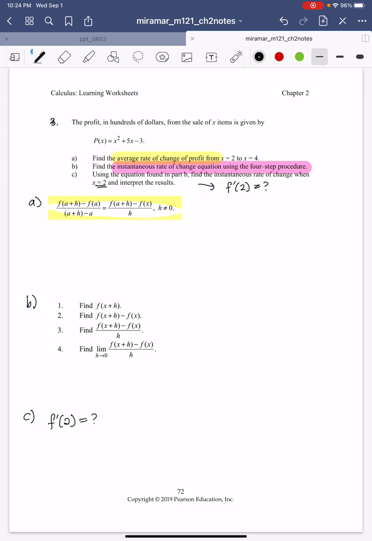So part A, since we have a P and x, I'm going to rewrite the f as a P. In this case, I will have P of a plus h minus P of a, all over h.